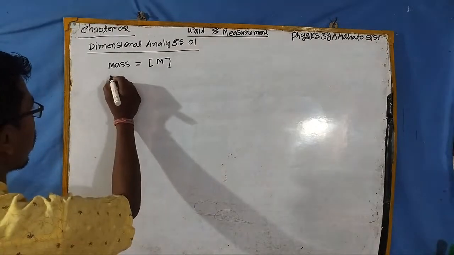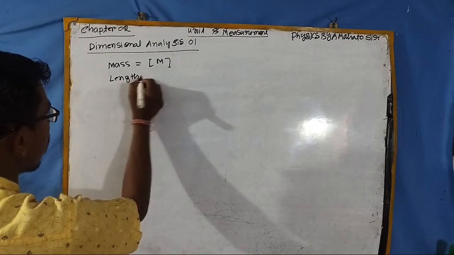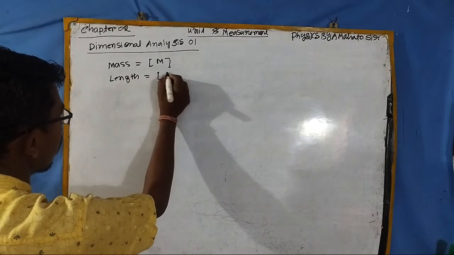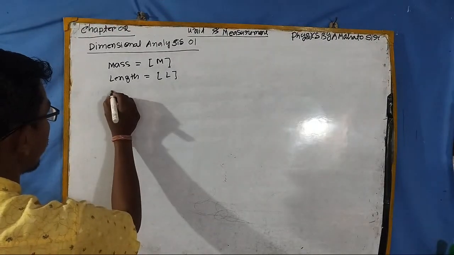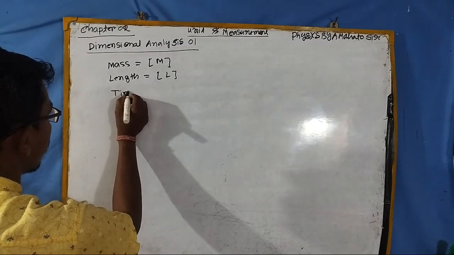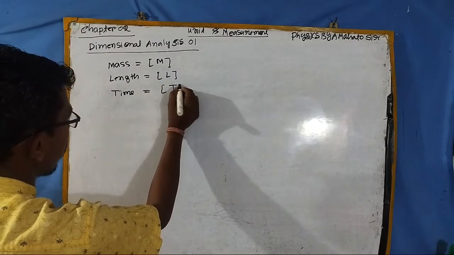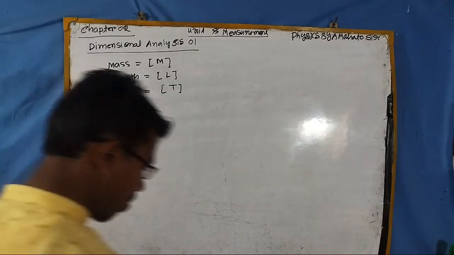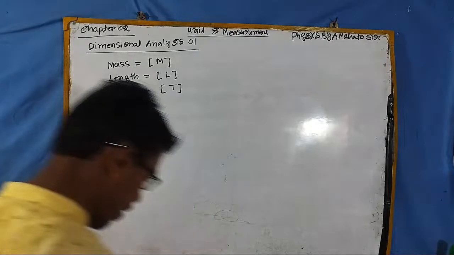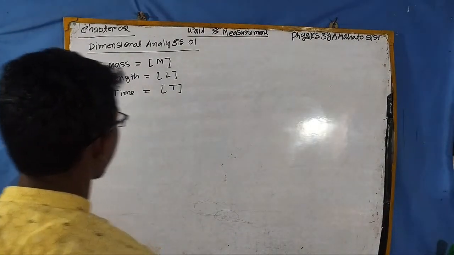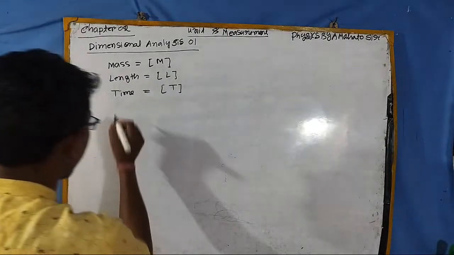Length is measured by L. Time is measured by T. Then electric current.